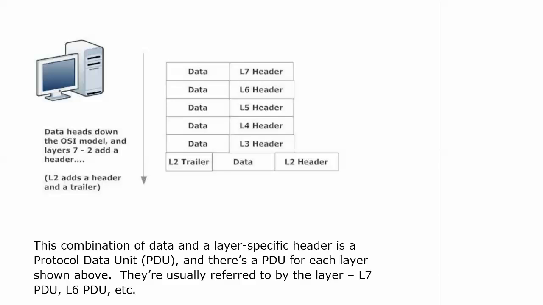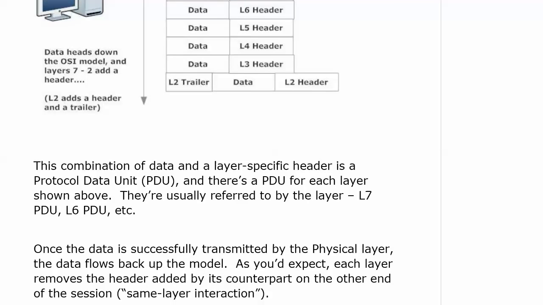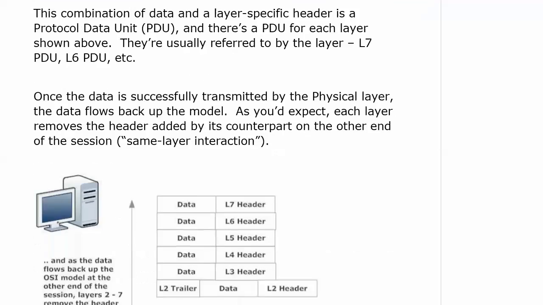Now, this combination of data and a layer-specific header is referred to as a protocol data unit, a PDU, and there's a PDU for each layer shown above, and when you hear them discussed, they're usually referred to by the layer: an L7 PDU, L6 PDU, and so forth. Now, once that data is successfully transmitted, the data flows back up the model. And as you'd expect, each layer removes the header added by its counterpart on the other end of the session.